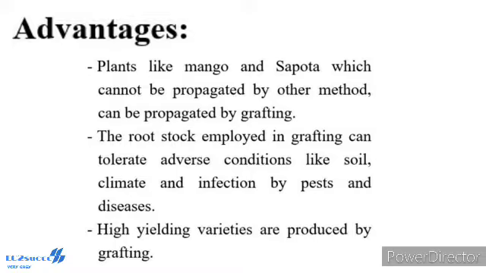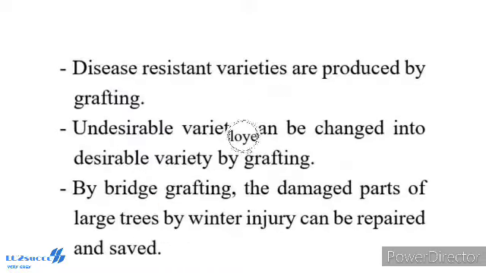High yielding varieties are produced by grafting. Disease resistant varieties are produced by grafting. Undesirable variety can be changed into desirable variety by grafting. By bridge grafting, the damaged parts of large trees by winter injury can be repaired and saved.